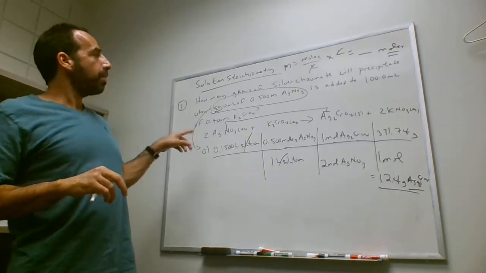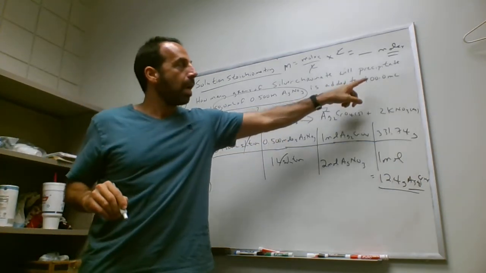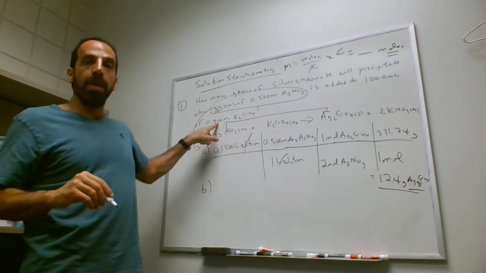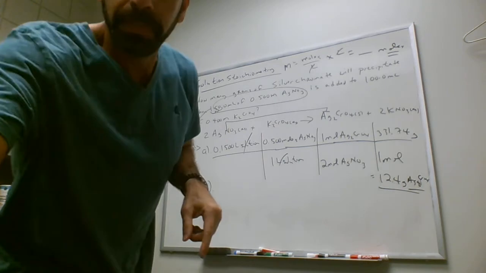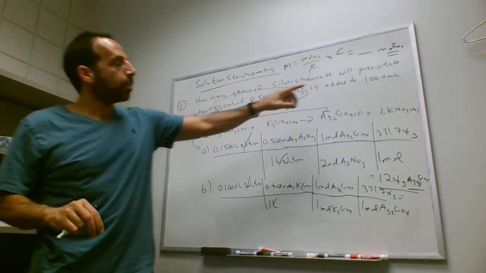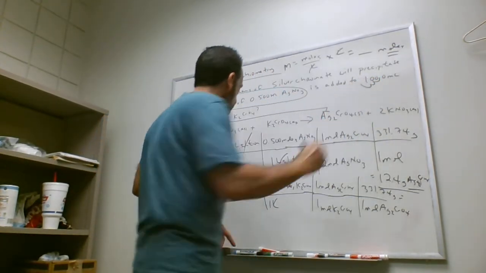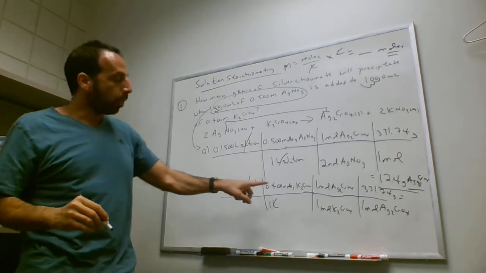Now I'm going to do the same thing for part B. I'm going to use 100 milliliters of 0.4 molar potassium chromate. So I went ahead and worked it out. Again, I'm changing milliliters to liters. So 1, 2, 3, 0.1 liter solution multiplied by the molarity.